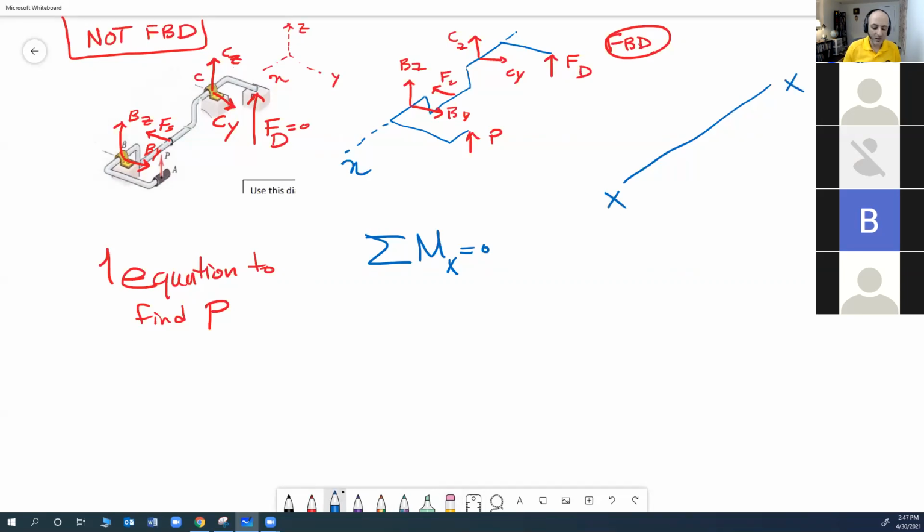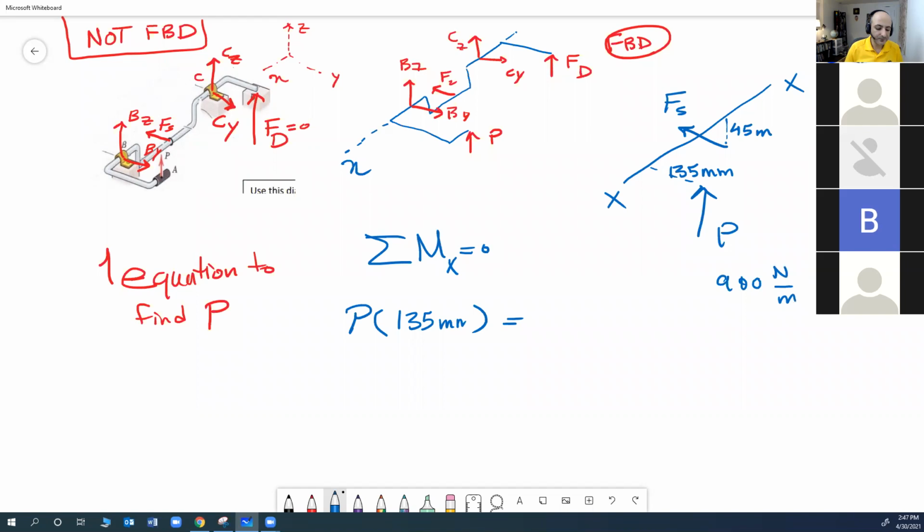I have a force P that is pointing up at a distance of 135 mm. And I have force of a spring that is at 45 mm. So all I have to do is say P times 135 should be equal to the force of a spring, which is going to be 900 Newton per meter times 30 millimeters displacement, which is 27 Newtons.